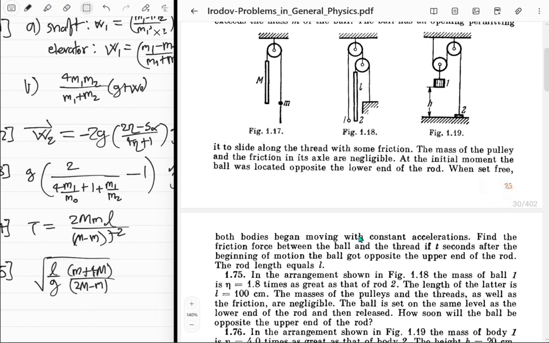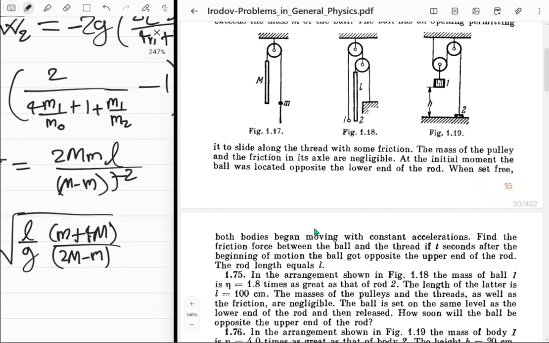And since we are given that small m is just eta times that, we'll just write it like eta plus 4 upon 2 minus eta. That should do it.